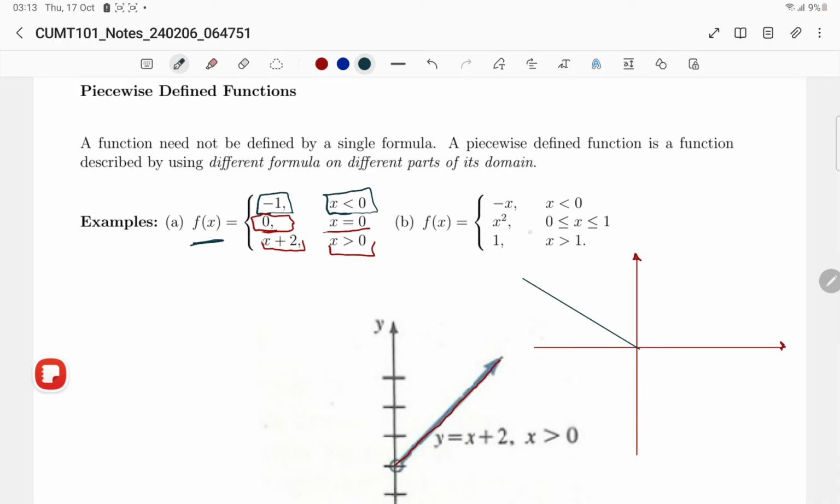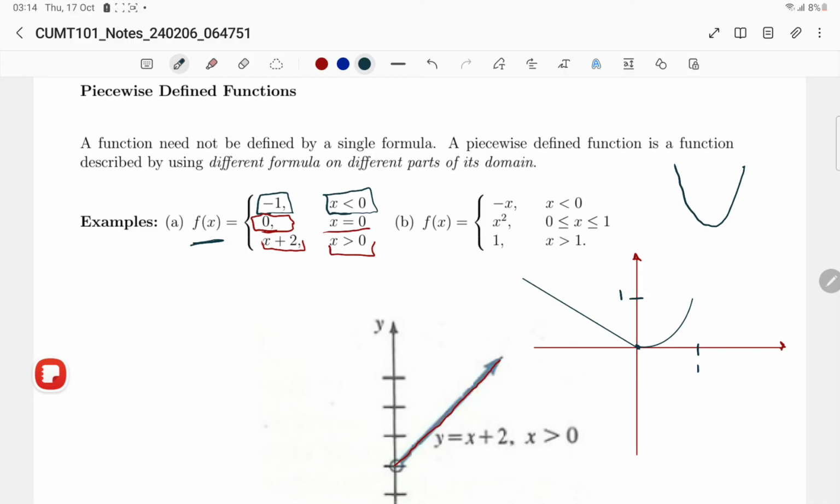And then for x in the range 0 to 1, let's just put 1 here, this range exhibits the graph of x squared. Since we know that the graph of x squared looks like this, it is just going to start at 0 here and go up to 1. Then for x equals 1, this one will coincide with f of 1 here.